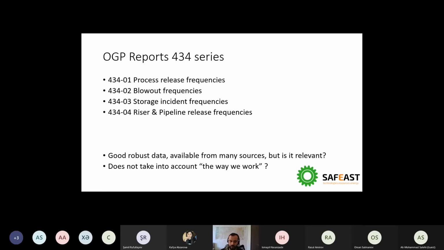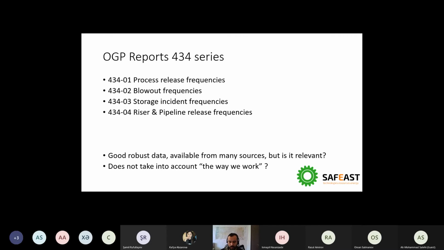But the main question is that, as we mentioned, it is published data. It may not be applicable to your specific site or your specific case. So the main question is whether it is relevant or not, and we will see how we can use this data to synthesize our specific example. The second drawback may be about the way we work.